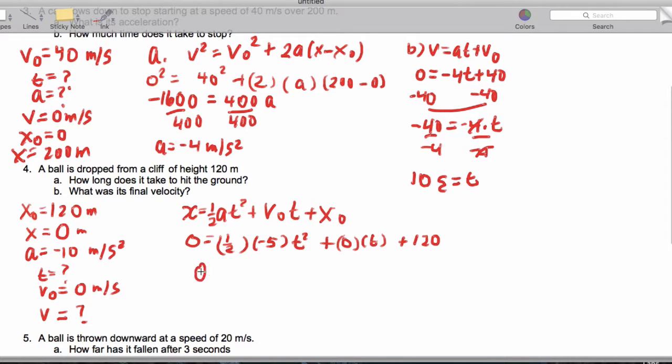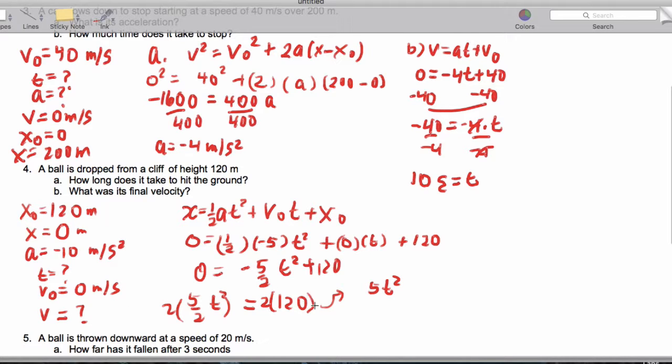I'm going to end up getting 0 equals negative 5/2 t squared plus 120. I'll add 5/2 t squared to both sides and get 5/2 t squared is 120. I'm going to multiply both sides by 2, so I'll get 5t squared is 240. We'll divide both sides by 5.